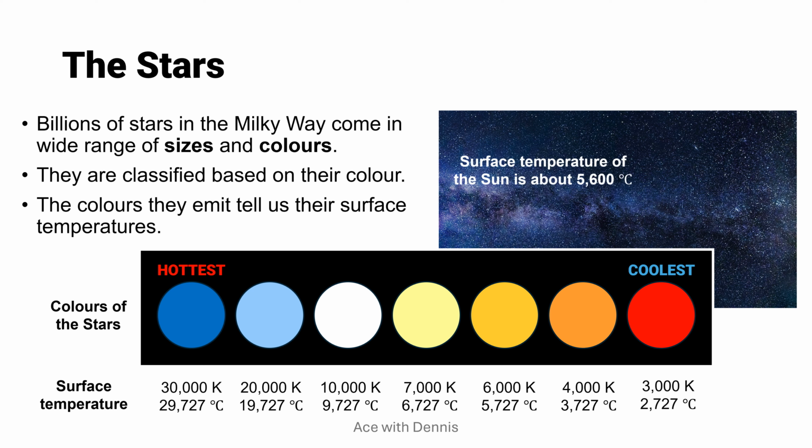The surface temperature of the Sun is about 5,600 degrees Celsius. Where is the Sun? The Sun is somewhere here. So that's the reason we can see that our Sun is about orange or yellow color. And if we compare to many other stars in the universe, it is actually not a very hot star.